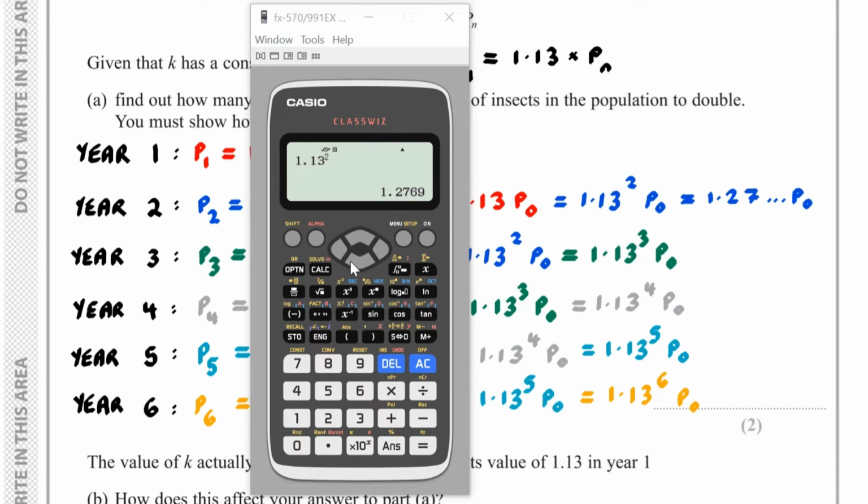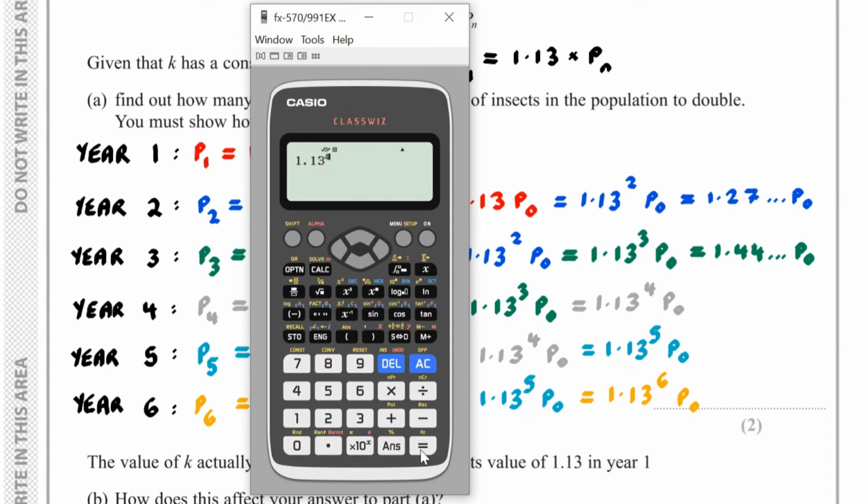And if I work out 1.13 cubed, we've got a value of 1.44, etc. P0.